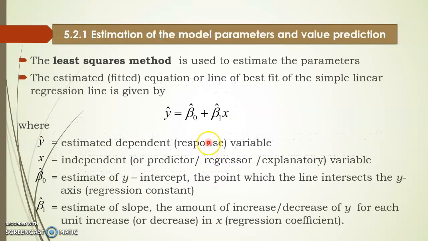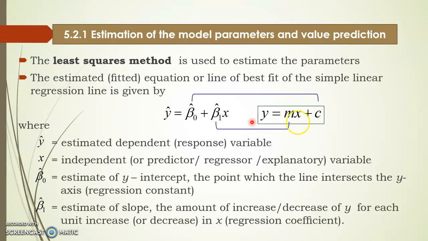So if you were to use sample data to calculate the regression line, your notation will be y hat equals beta hat naught plus beta hat 1 x, which is actually very much similar to the one that you learned during your high school, y equals mx plus c.